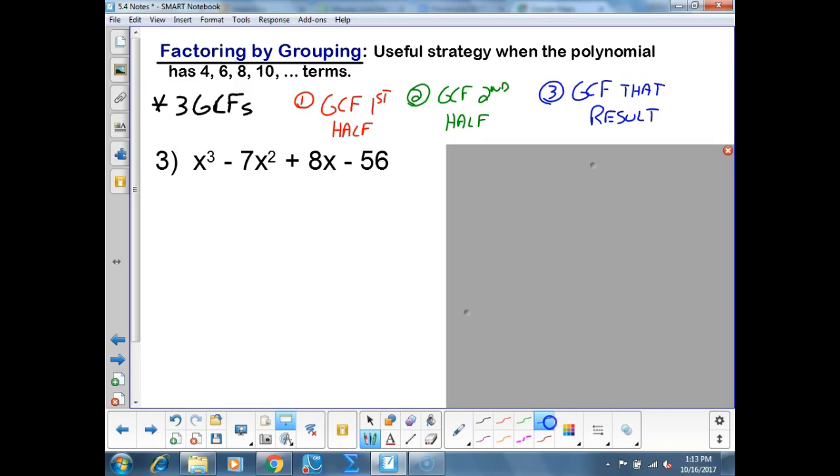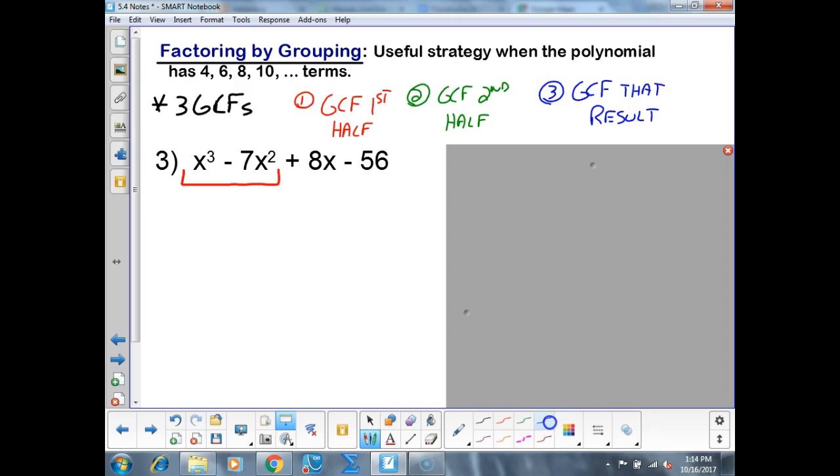So, let's try it. First, I'm going to GCF the first half of my polynomial. So I'm looking at x cubed minus 7x squared. Is there a GCF in x cubed minus 7x squared? X squared.